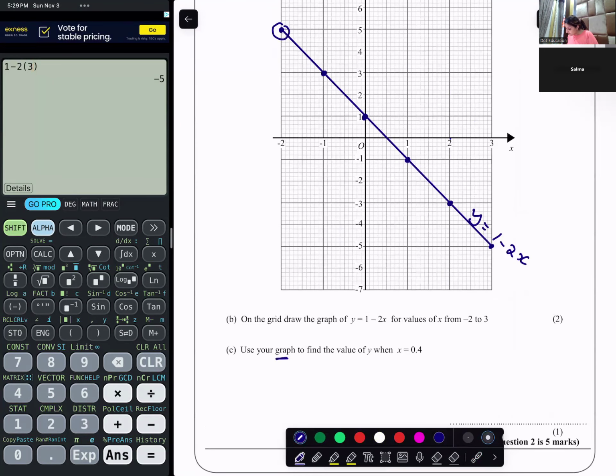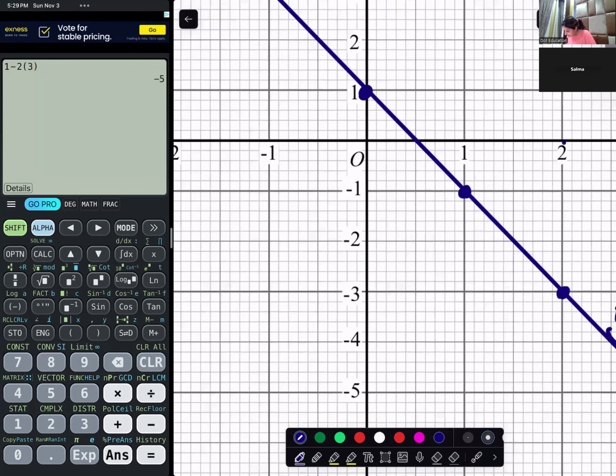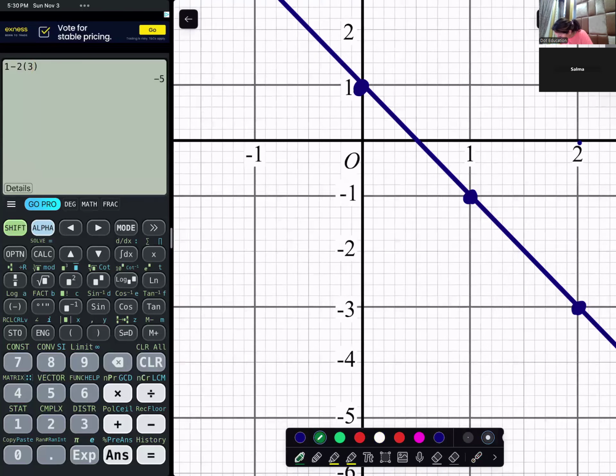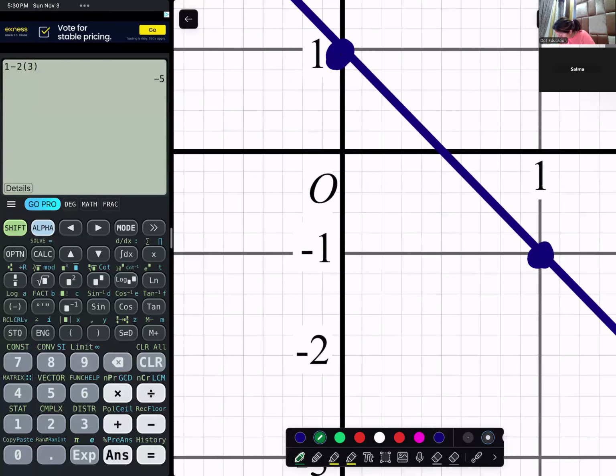Use the graph to find the value of y when x is 0.4. X is 0.4. Come on, 0.1, 2, 3, 4. If my x is 0.4, what will be y?